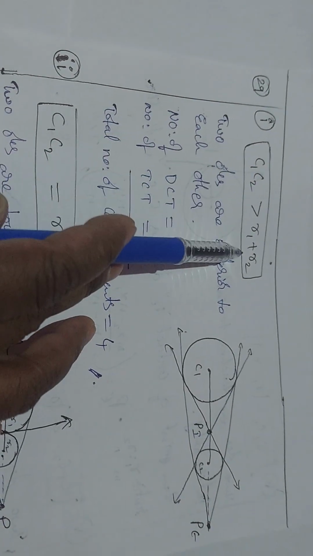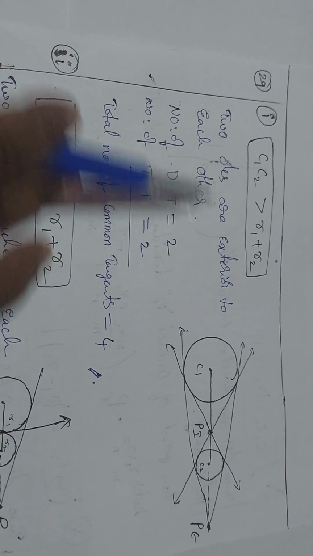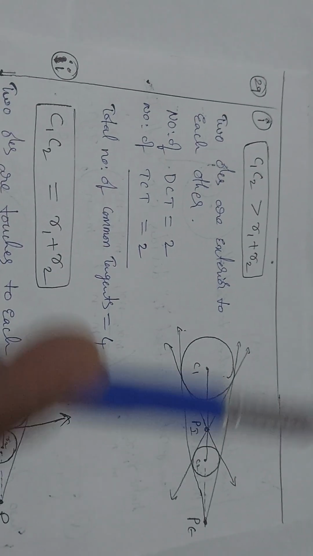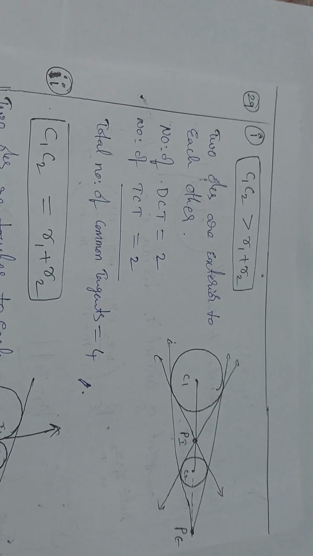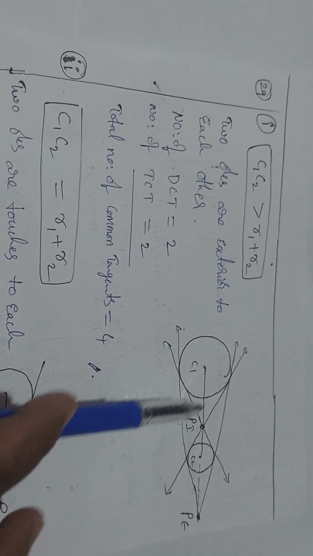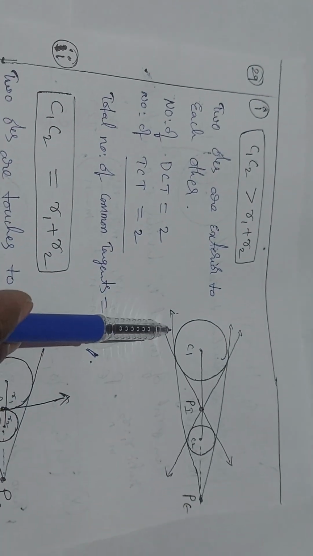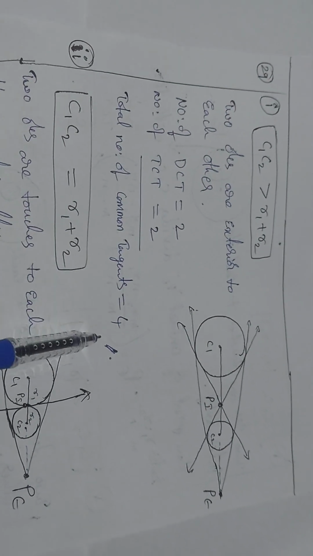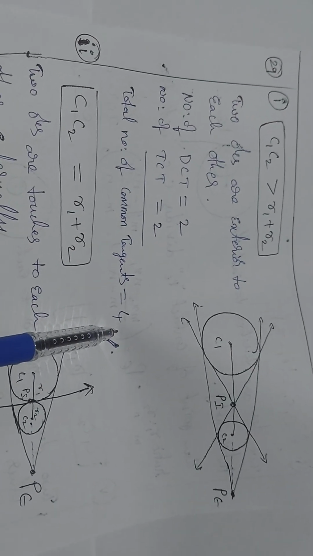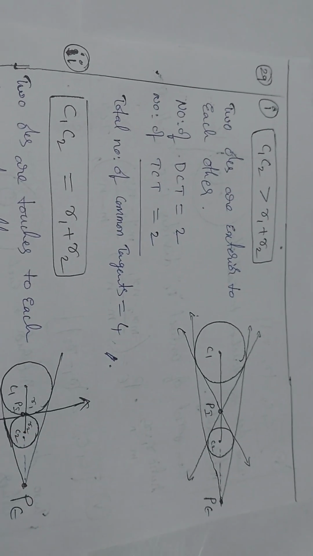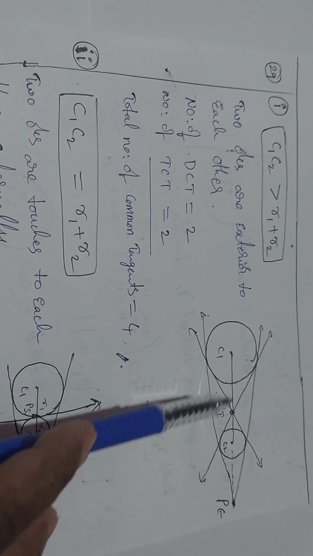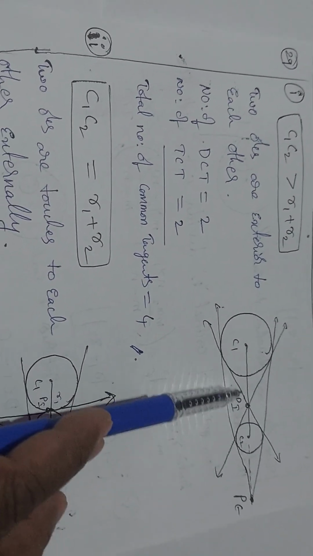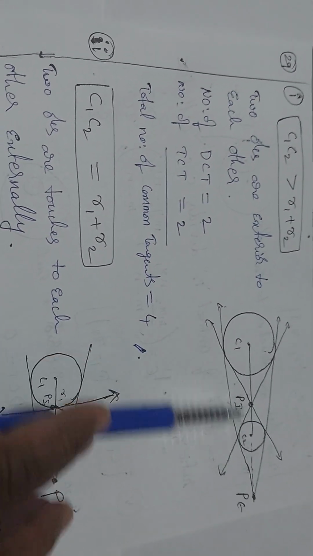C1C2 is greater than R1 plus R2, then the two circles are exterior to each other. So how many DCTs here? One DCT, DCT 2, here TCT, here TCT 2. Overall common tangents are 4, and the DCT point of intersection is external, the TCT point of intersection is internal, in between, not exactly the middle, in between.